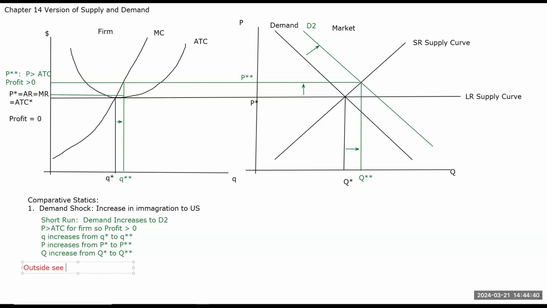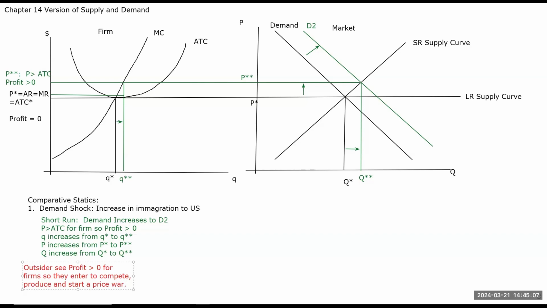Outsiders see profit greater than 0 for firms, so they enter to compete, produce, and start a price war.